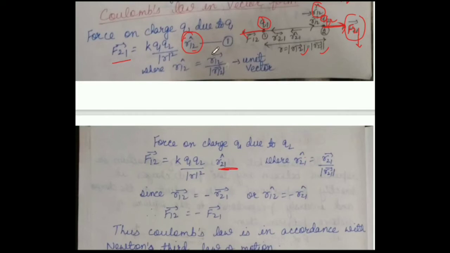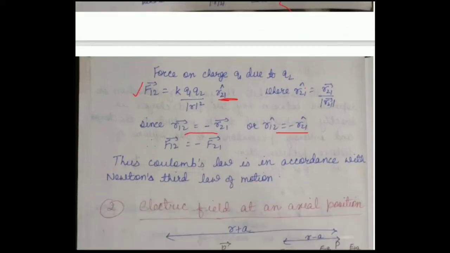So from here it's clear that this R12 is in this direction, 1 to 2, and R21 is in this direction. So both are in opposite directions, right? The unit vectors are also in opposite directions. So this force F21 must be equal and opposite to F12. It means it is in accordance with the third law of motion also. In this way you write Coulomb's law in vector form.